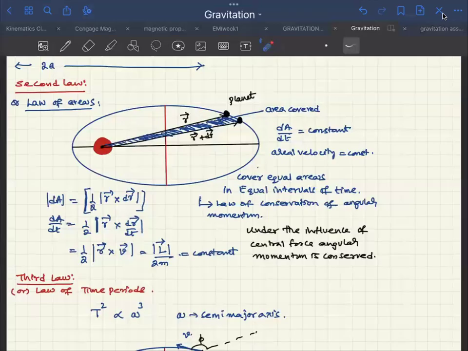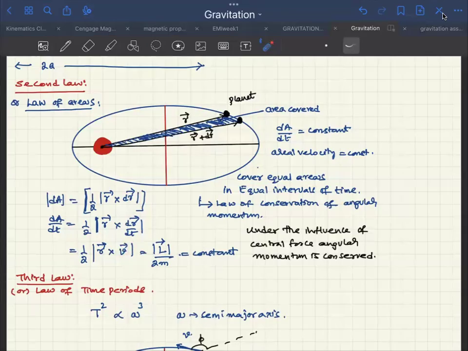In fact, this is drawn from the law of conservation of angular momentum, and believe me, I will explain how. Now, take the area. You know already in vectors how to determine the area of this triangle. It is half r bar cross dr bar. Therefore, dA by dt is half r bar cross dr bar by dt. dr bar by dt is nothing but v bar.